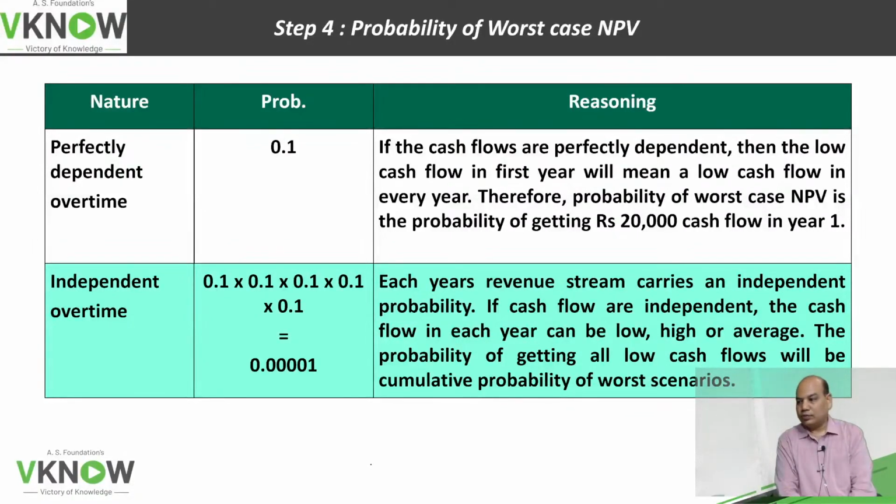The probability of getting all low cash flows will be the cumulative probability of worst scenarios. Is this right? Anybody please reply, is this right?